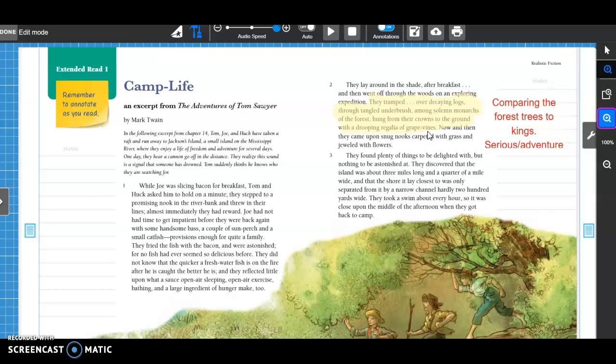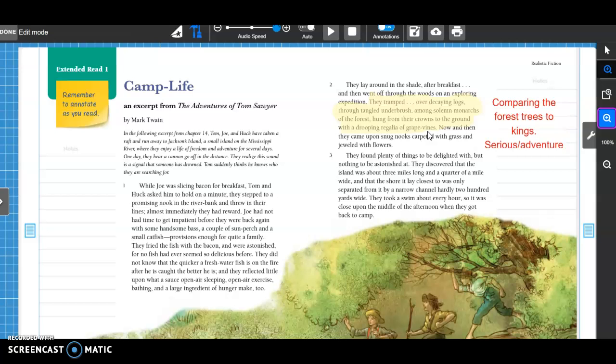So remember, underbrush, if you ever walked in a forest before, is all that stuff you're stepping on. So leaves, sticks. If you think about our worms from our science, they like the underbrush. They hide right below the underbrush because they're decomposers. So that's what the underbrush is.